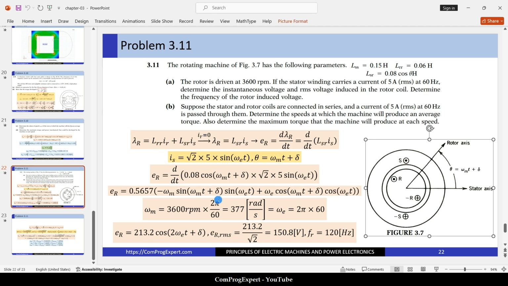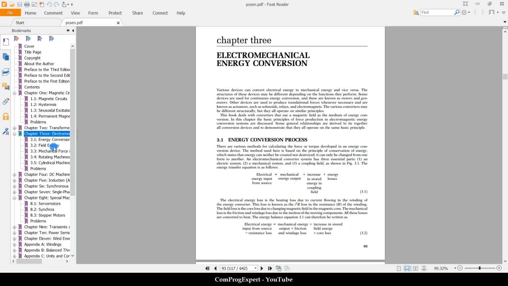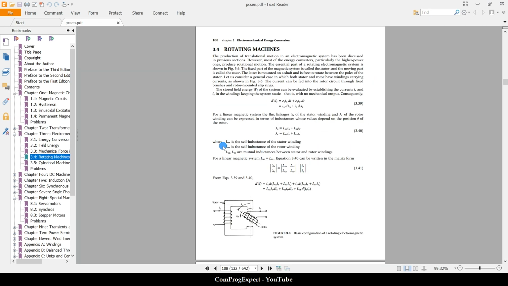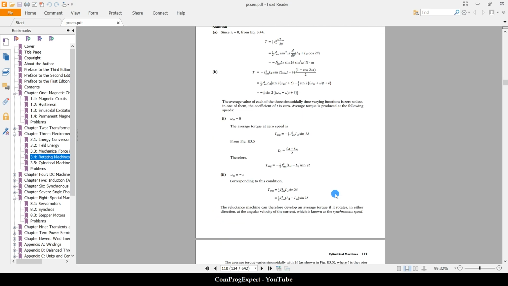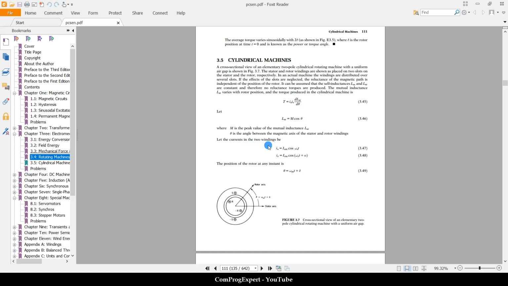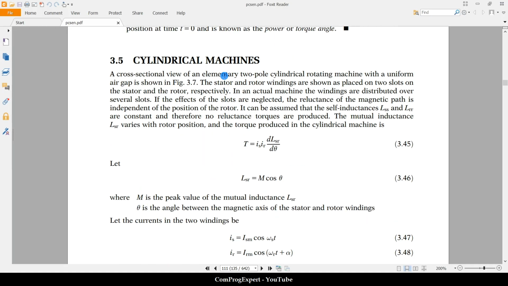Here in this structure, let me show the image. Here we have these two sections, rotating machines. We discussed this section, and cylindrical machines. Cylindrical machines are a category of electric machines.